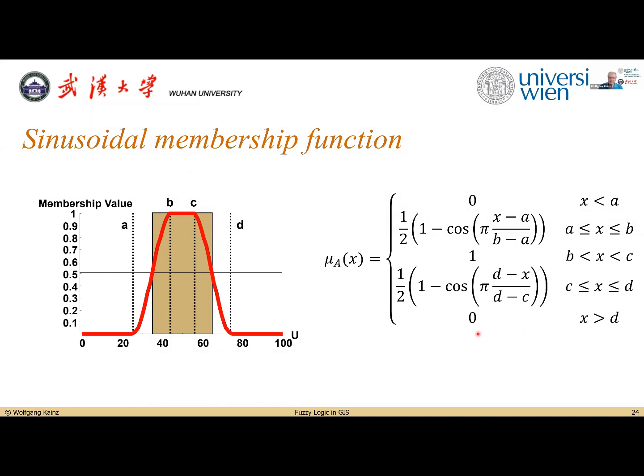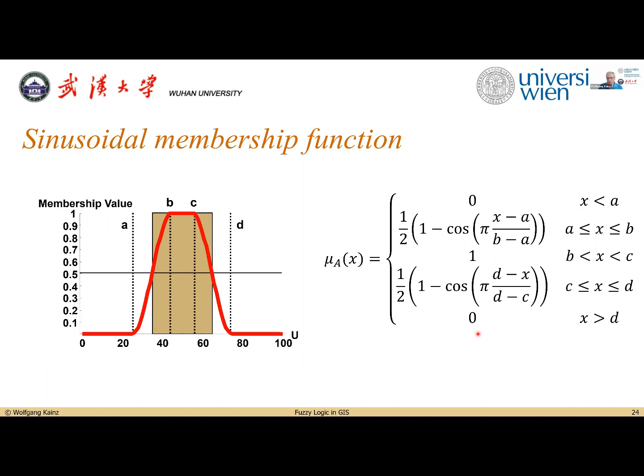Now, it can be easily proven or verified that for every one of these functions, the value can only be between 0 and 1. So there is no possibility here to receive membership values that are outside the interval of 0 and 1.